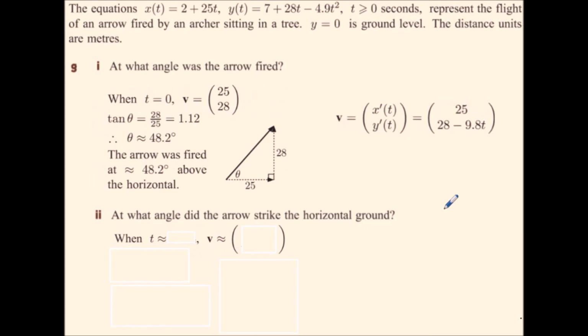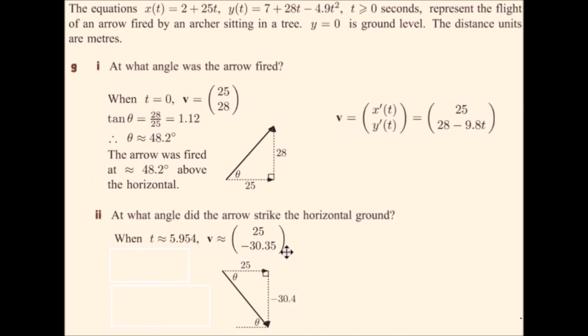Part 2 here, we want the angle the arrow is at when it strikes the ground. So we know that the time it takes was 5.954. So we let 5.954 replace t in this expression for our velocity vector. We would then draw our velocity vector.